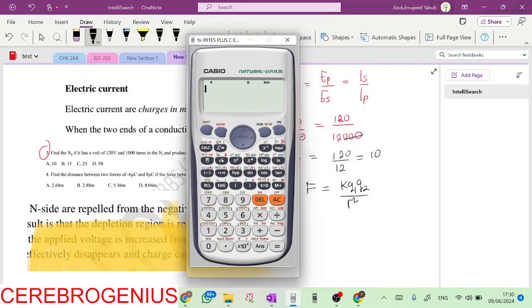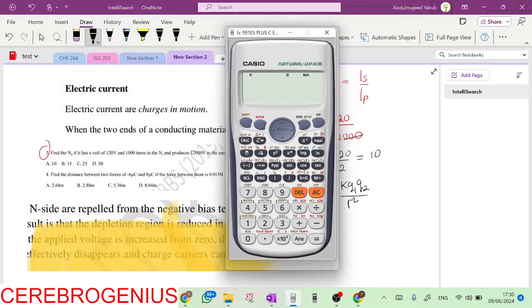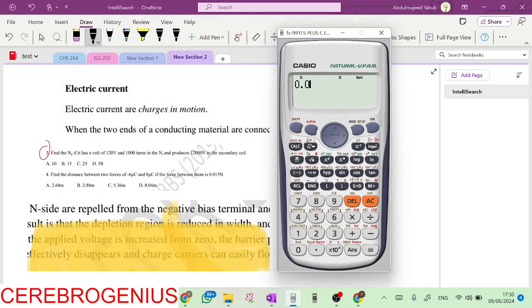I'll just use my calculator to solve this. I hope I'll be able to solve it. So the force has been given as 0.015. So 0.015 is equal to, look at that, press alpha and this button that has calc on it, so that the equal to sign will just come out.